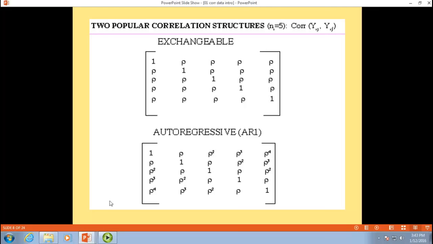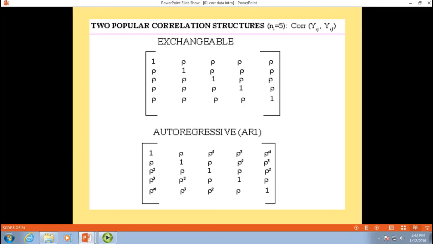Now here's another one that people like, called autoregressive. Now, is autoregressive unstructured? Unstructured means that all the correlations are different. Are all these correlations different? You see there's a rho squared in there a couple of places, right? And there's rho in there a couple of places. Okay, so they're not all different.